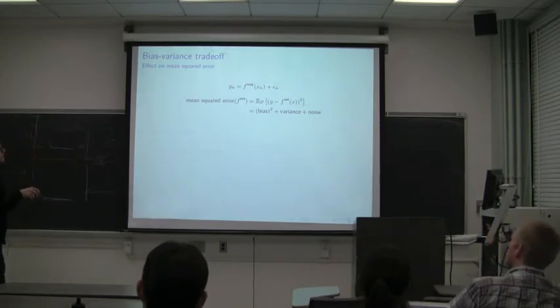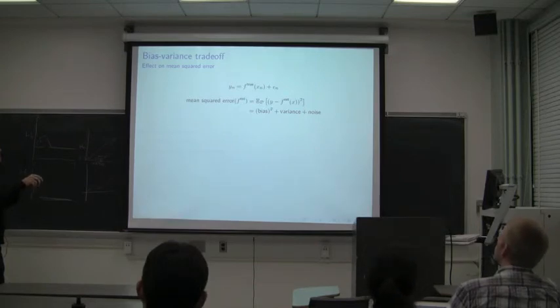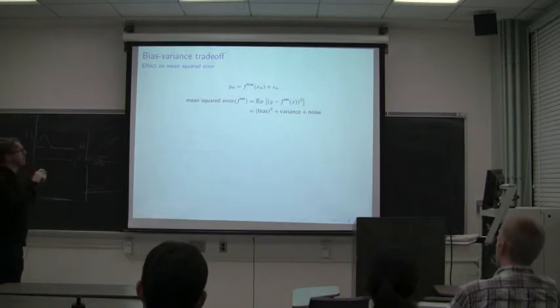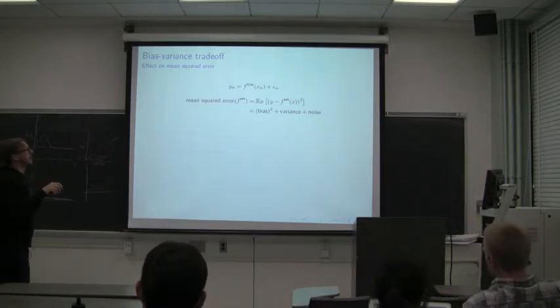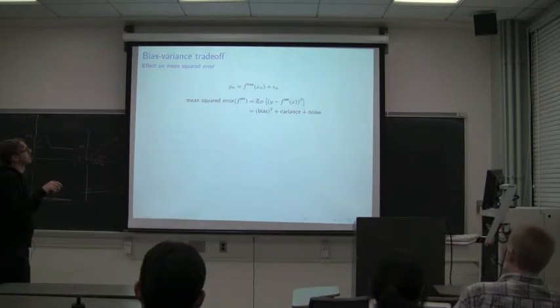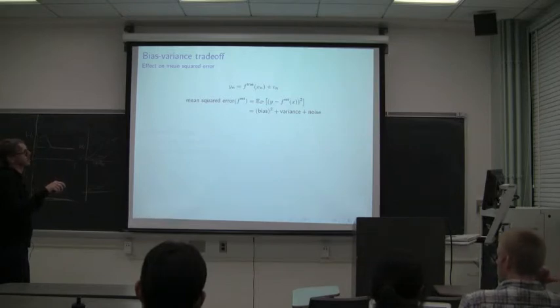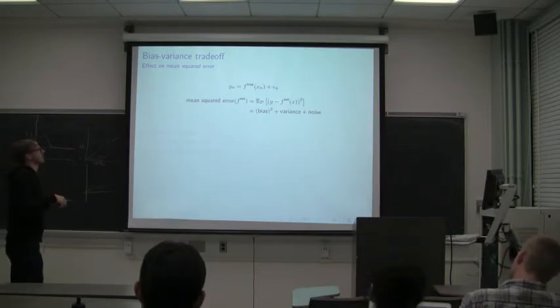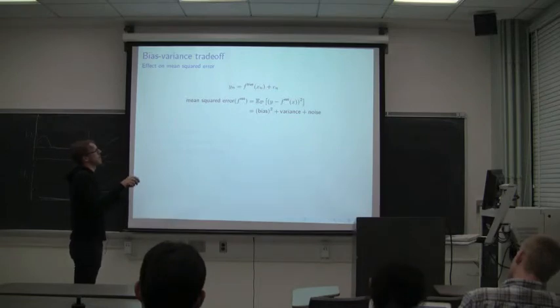If the model is a true function plus noise, then the mean squared error, which can be seen as the expectation of the squared difference between the estimate and the y value, the true value, can be written as the square of the bias plus the variance plus noise.